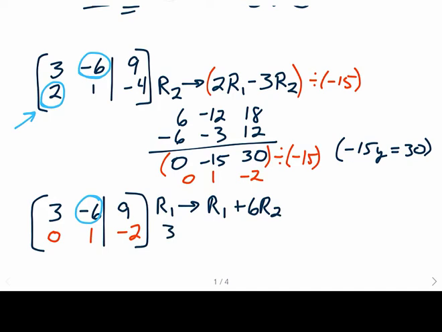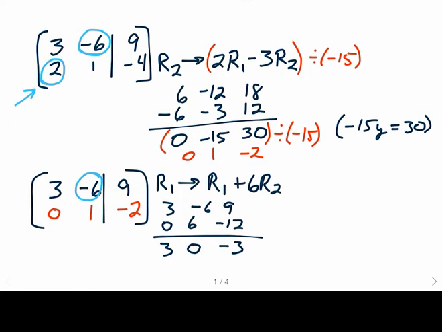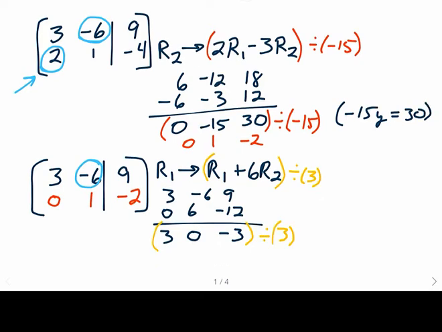Row 1 is 3, -6, 9. 6 times row 2 is 0, 6, -12. When I add those together, I get 3, 0, -3. And since everything is divisible by 3 and this represents an equation, I want to divide the row by 3. And I get 1, 0, -1. This is going to replace the first row.